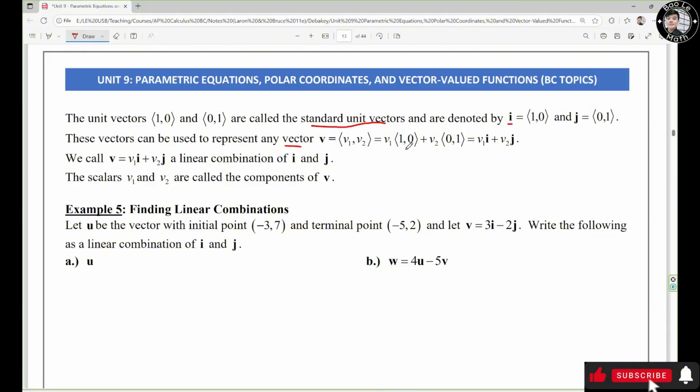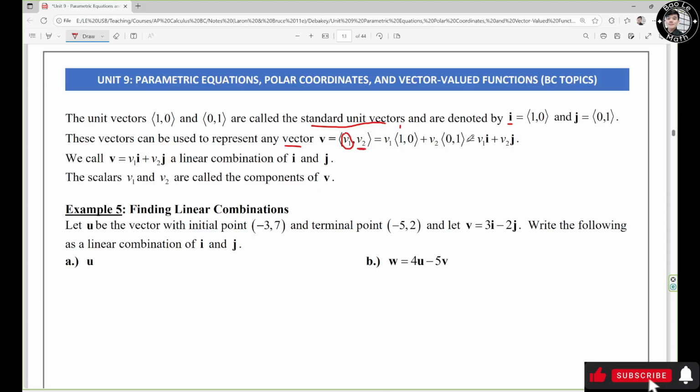Now, v1 is in the x coordinate, right? So you're going to take v1 times the x coordinate right here, 1, right? The y coordinate right here should be 0, right? Because when you multiply, it's only v1. Now similarly, v2 is going to be in the y coordinate, so the x coordinate must be 0, right?